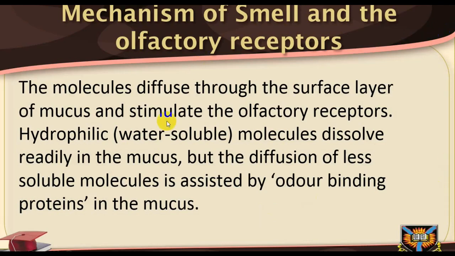Hydrophilic, that is water-soluble molecules, dissolve readily in the mucus, but the diffusion of less soluble molecules is assisted by odor-binding proteins in the mucus. These odor-binding proteins are also thought to assist in removing odor molecules from the receptor cells.